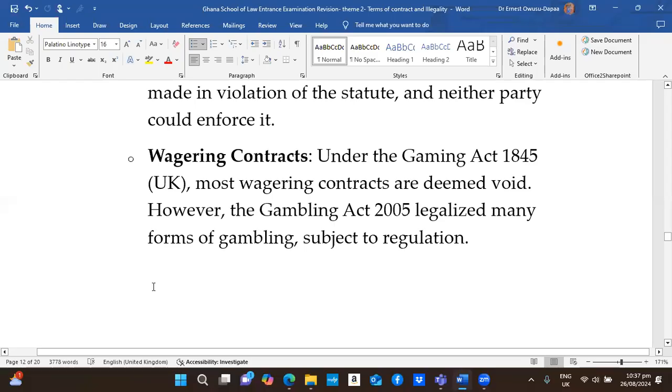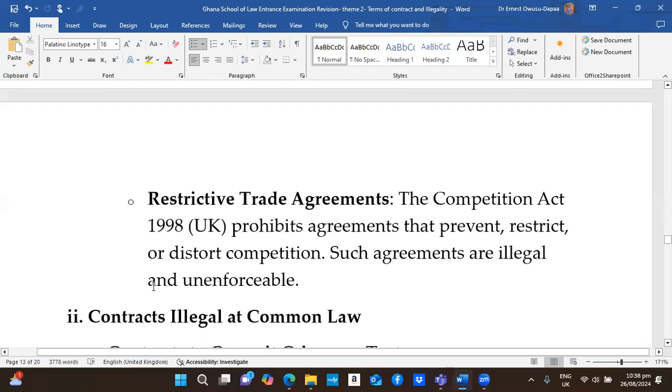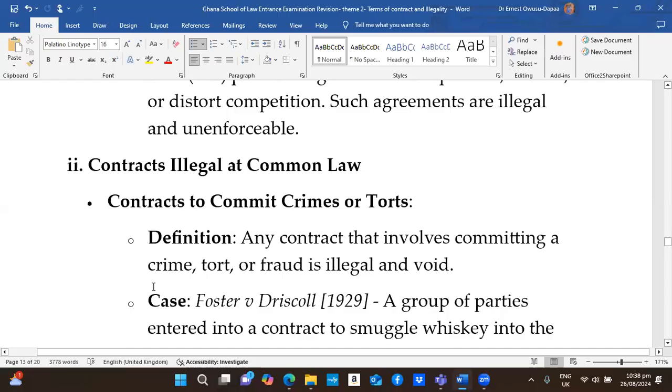Look at Ghana, we have our Gaming Act, like the UK Gaming Act. If you take the National Lotteries Authority, for example, the Lotteries Act, it is a requirement that before you can engage in lotto business, gaming, you must have a license. You must be regulated by the regulator, the Gaming Commission, the National Lotteries Authority, and so on.